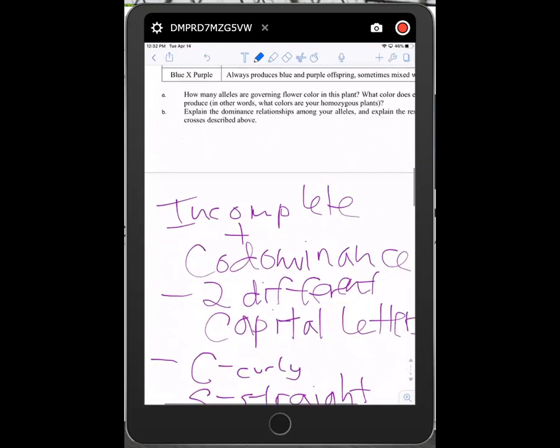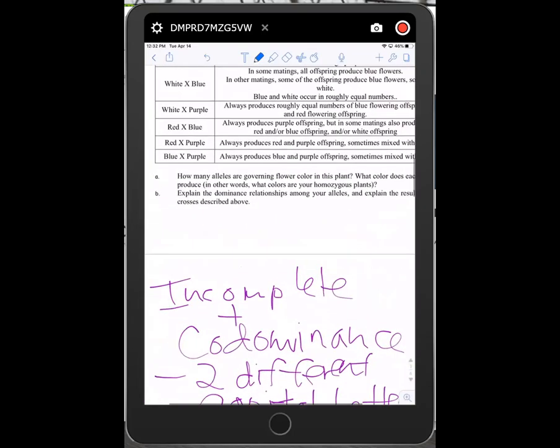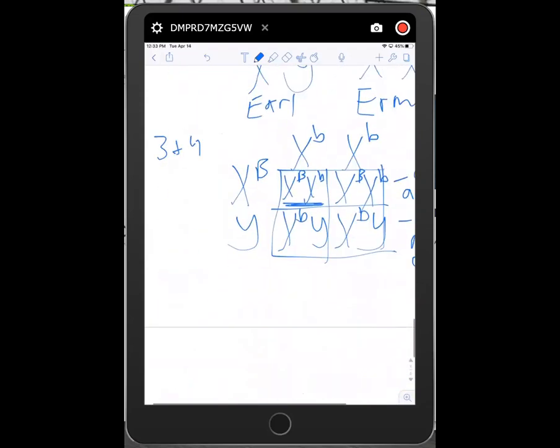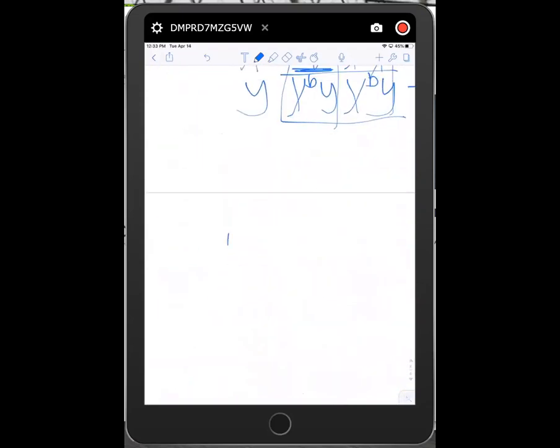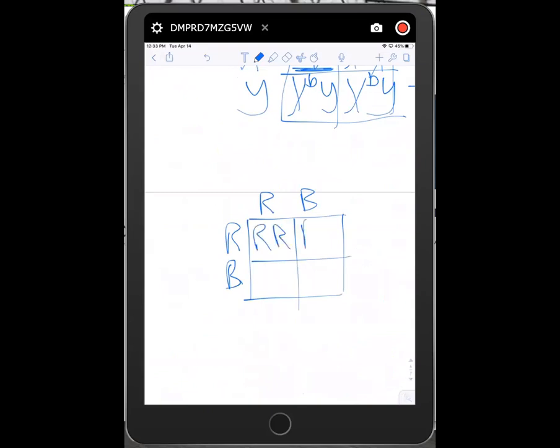Let's try a little cross down here, shall we? So here's my purple flowers, red and blue, red and blue. That's a purple flower. And let's do a little cross. So here's a red, here's a purple, here's a purple, here's a blue. Did we get all three colors?